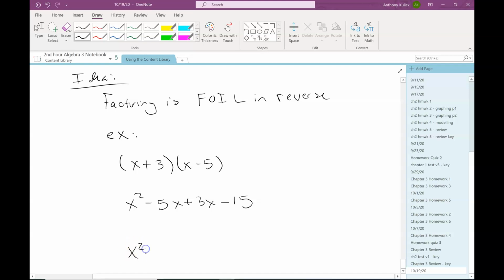Everybody okay with that? So this side, what we're going to do is FOIL. The other side, what we're going to be doing is factoring.